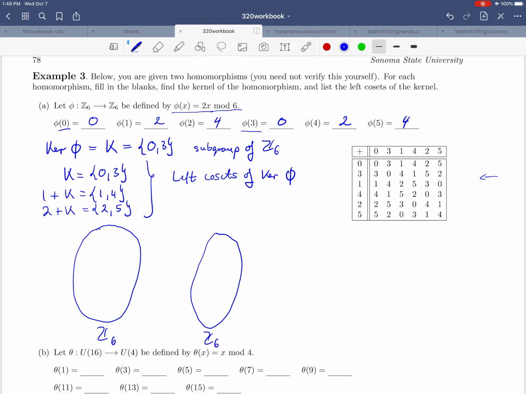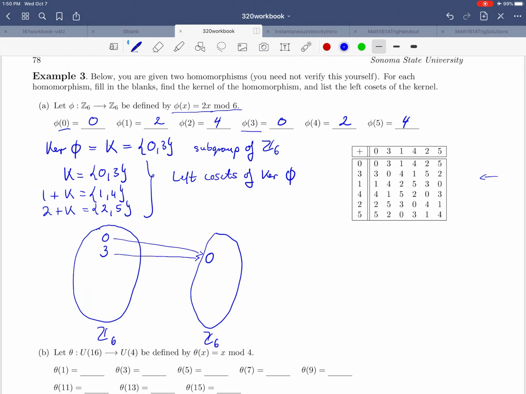And we always have two elements that have the same image. So 0 and 3 are in our kernel, and they both map to 0 over here.